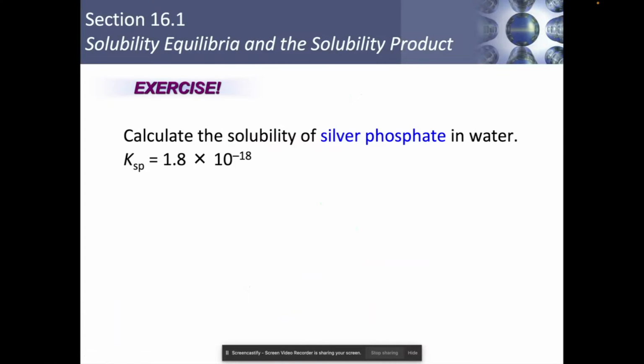Okay, so let's do a different example. What about the solubility of silver phosphate? Think through what that formula would be. It's Ag3PO4, right? And notice that the Ksp is way, way lower for silver phosphate. Silver phosphate is much less soluble in water, even more so than silver chloride.